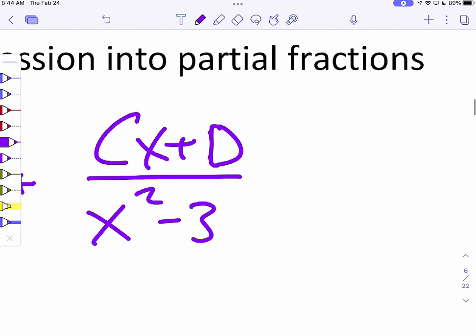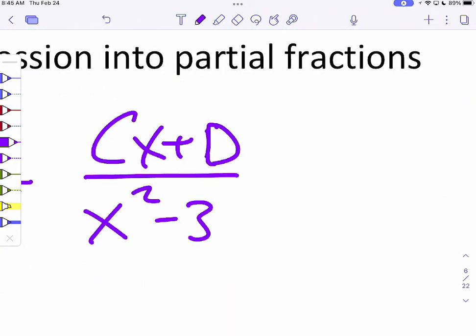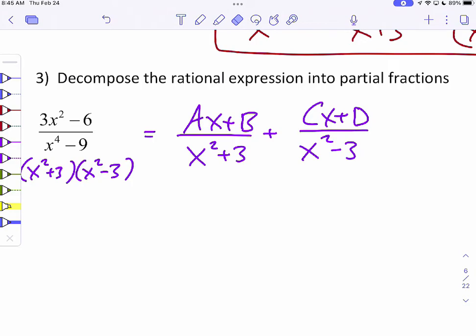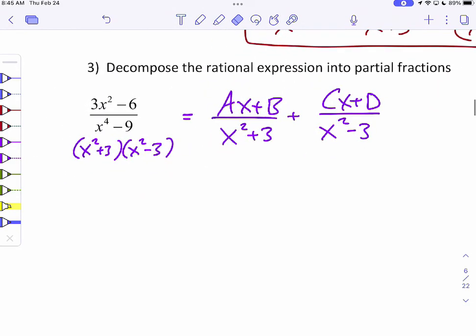I can't tell you how many times I've written a 13, and people are like, why did you write a B? And I didn't know, and the problem has nothing to do with the letter B, and people ask, why does it say B? So, be really careful with your letters. The C looks like a parenthesis, and the D could look like a parenthesis if you're messy, so just be careful. All right, any question about that setup right there?